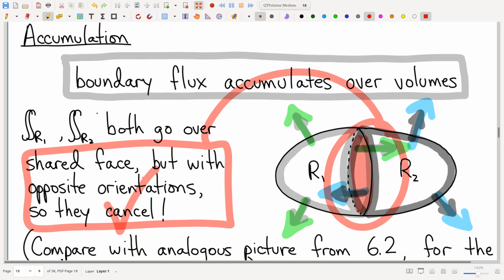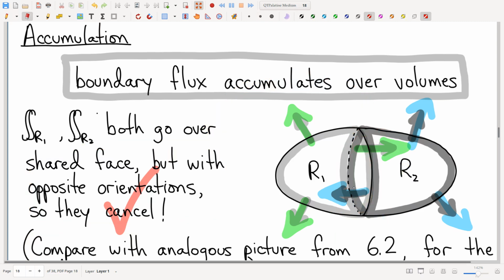This kind of thing is inside of all of these, what I like to call accumulation theorems, for exactly this reason. Okay, so those cancel. What's left truly is the boundary flux for the whole, and we win. The whole is the sum of the parts. We have a new accumulating quantity. And beautiful thing about this, we've already made all of the general arguments about what to do once you have an accumulating quantity.